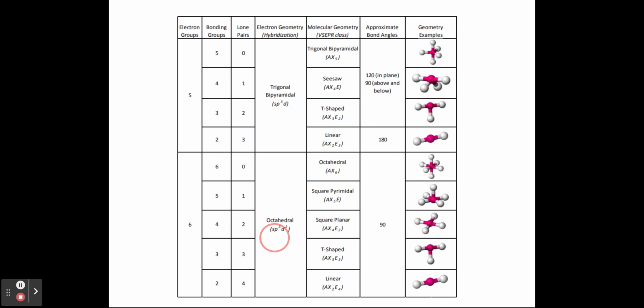This is where the hybridization of the octahedral shape is where you take 6 atoms. So 6 atoms are going to be bonded to your central atom. So that means you need 6 orbitals. You need 6 hybrid orbitals to bond or keep the 6 groups of atoms. So that means you're going to need another d orbital.